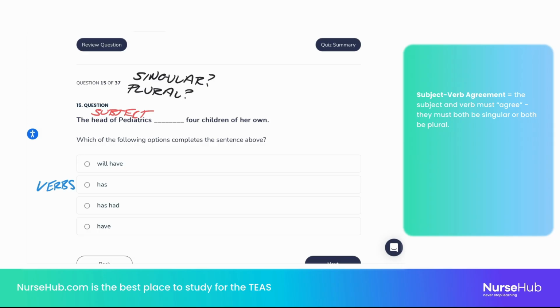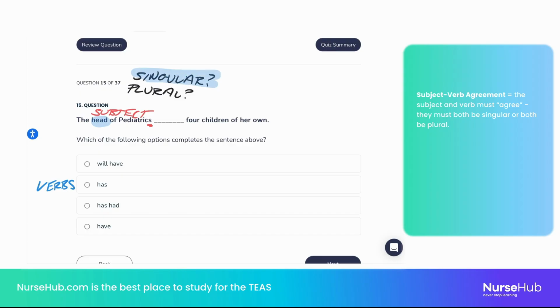And here, even though this ends in an S, we are actually looking at the head of pediatrics. That is one person, right? That is one healthcare worker. That is the head of pediatrics. So that is a singular.